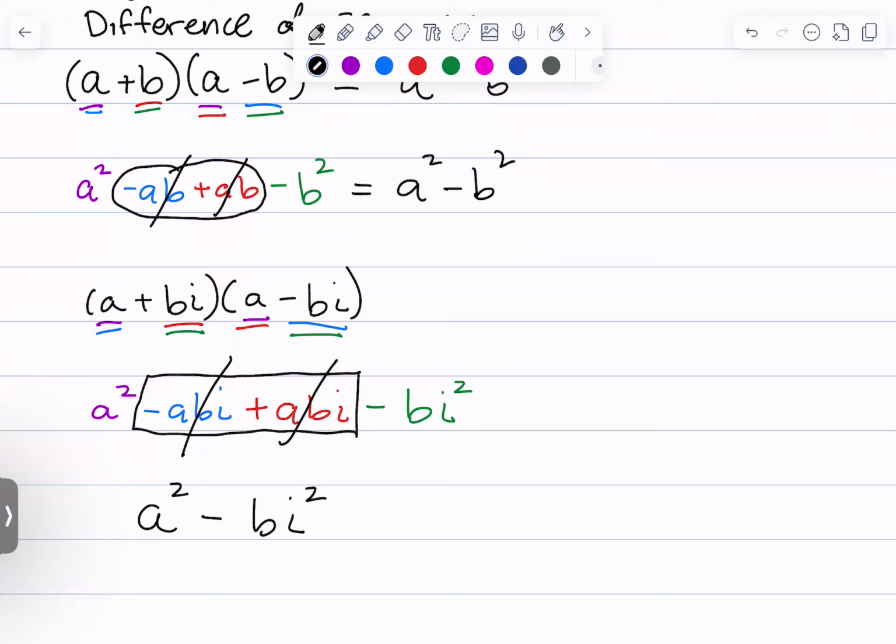Oh, I'm sorry. It should be b squared i squared, because bi times bi is b squared i squared. Okay. So what is i squared?